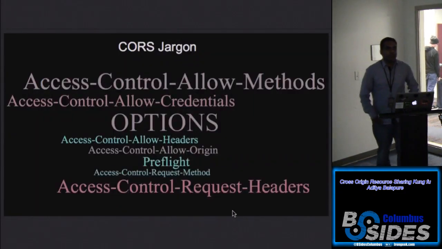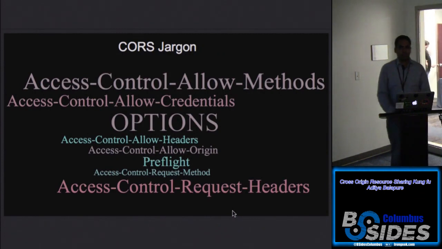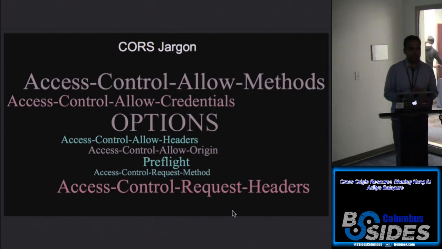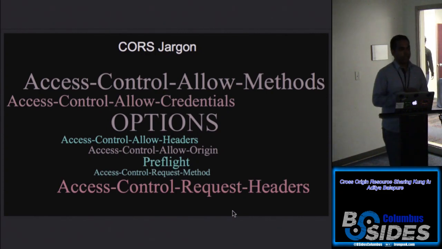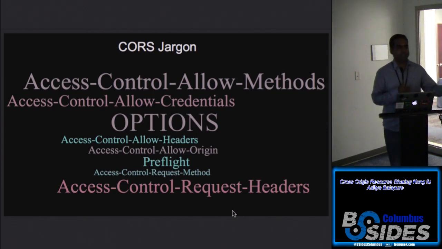To understand CORS, or cross-origin resource sharing, we need to be aware of some of the core jargon of the concept, to understand the deeper technical examples and some of the attacks. We already covered why pre-flighting is required: if it's a complicated request that does fancy things other than GET or POST, or passes application/json data, you need to do a pre-flight.